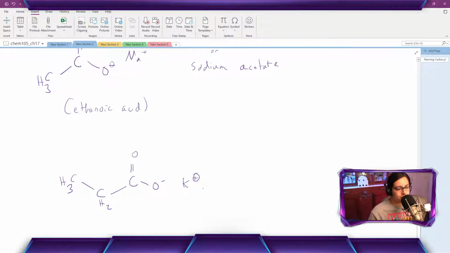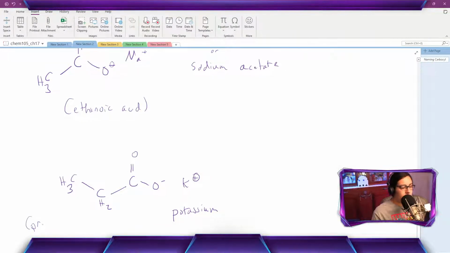So we have this compound. Take a minute just to look at it. So we'll start with our cation. So this time it's potassium. And then we have 1, 2, 3. So propanoic acid.